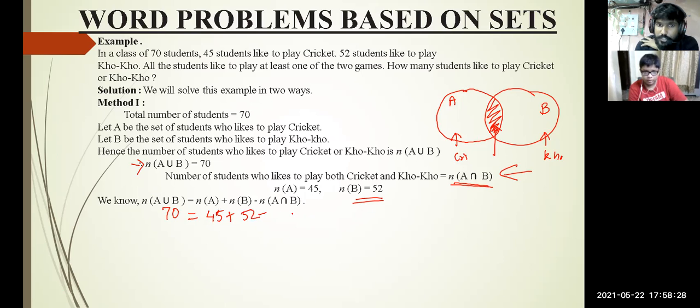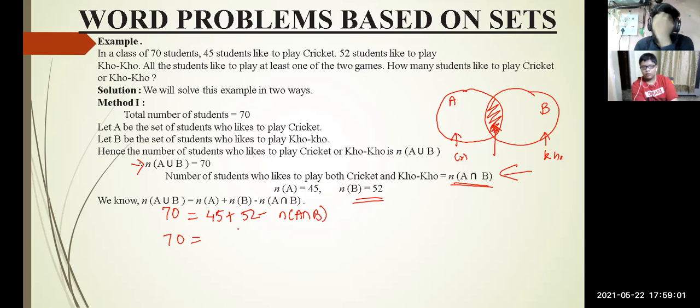And N of A intersection B? You have to find this out, so write it as it is. Is it fine up to here? Yes or no? Okay.